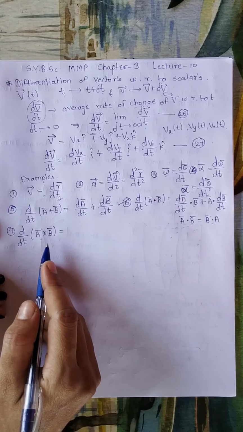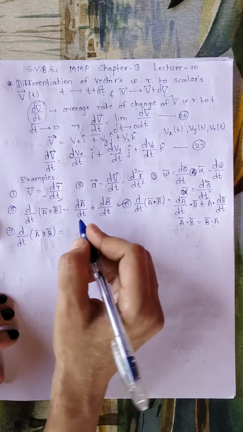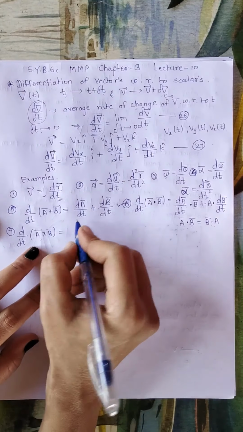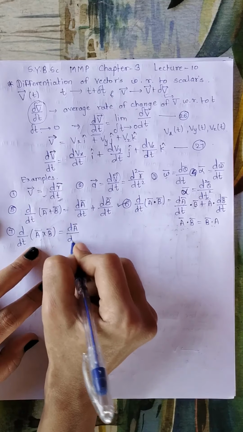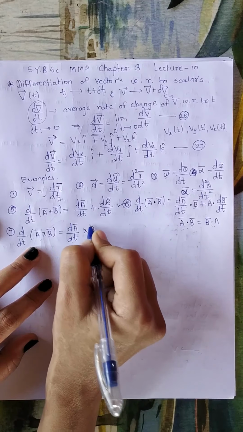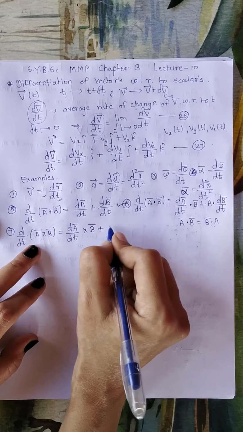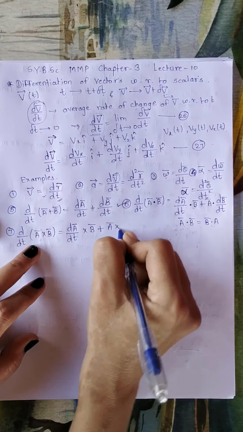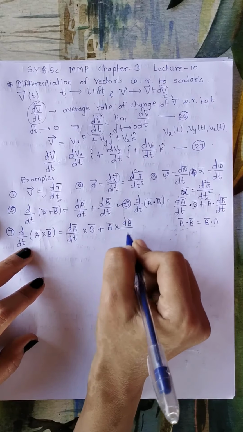If the order is changed, the cross product will be different. So we take the derivative of the first vector with respect to t and cross it with b, and this is added to the first quantity kept constant crossed with the derivative of the second vector.